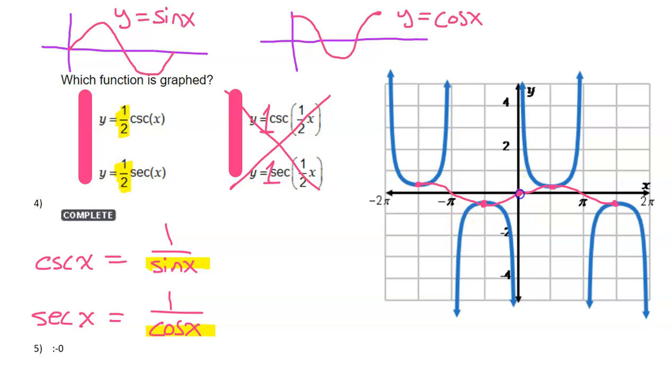I see that this wave starts right at 0, 0, and then it goes up from there. Which one of these graphs starts right at 0, 0? Only the sine function starts right at 0, 0, and then goes up from there. So this wave has to be a sine graph.